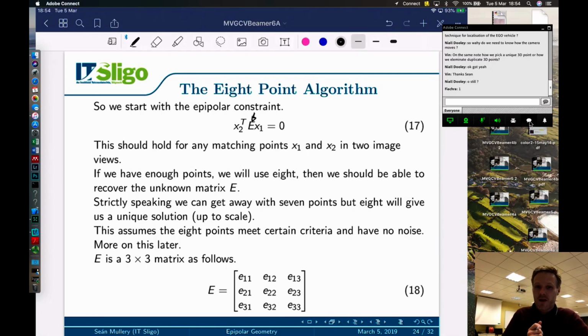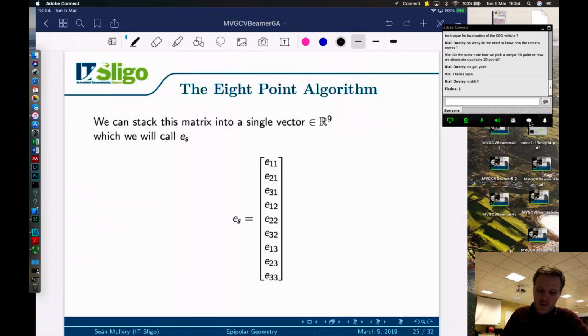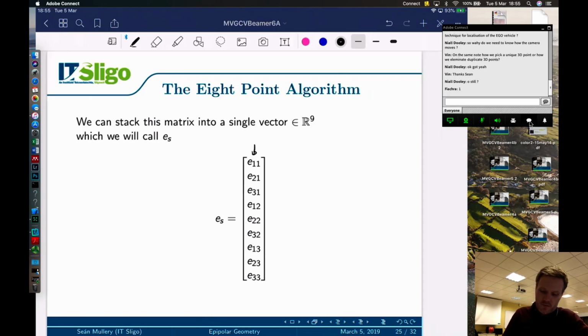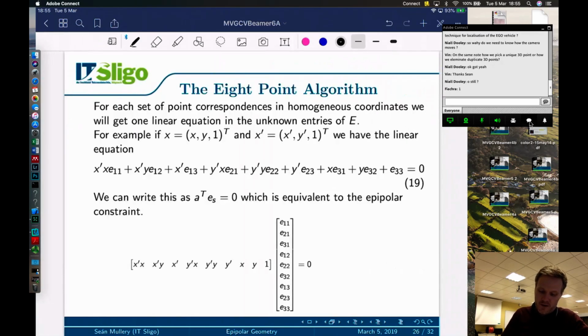So E is a 3 by 3 matrix. We'll write them out as E11, E12, E13, all the way down to E33. And what we're going to do is stack them all into a vector, a 9 by 1 vector, and we list them in this order. Now this is perfectly fine to do. Somebody else has figured out exactly the order to put them in, but it just makes it a little bit easier when it comes to doing the breakout of the thing.